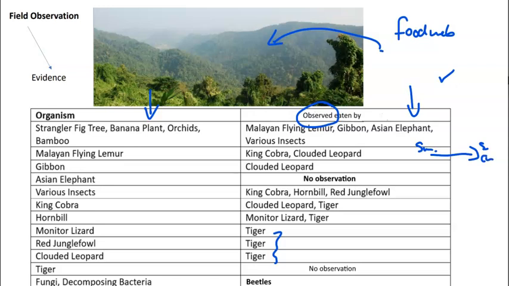For the purposes of a simple transfer of information and diagram drawing, begin with the strangler fig as the main producer in our food web. Pause the video, download, and construct your food web, returning here, and I'll go through that with you in some detail.